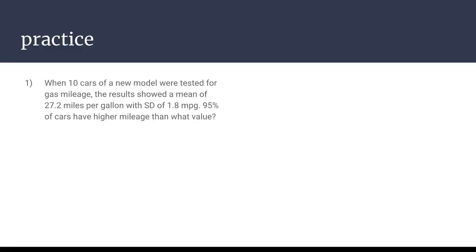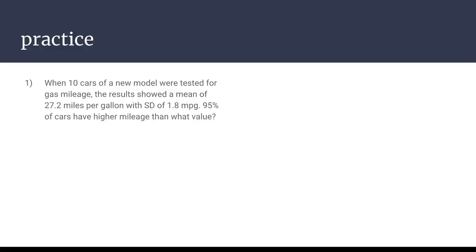What do you guys think? Yes, it is the sample's standard deviation, because it says the results of these 10 cars. It doesn't say the results of the sampling distribution, and it doesn't say that that's the population. The standard deviation of all of the cars is not 1.8, just those 10 cars.